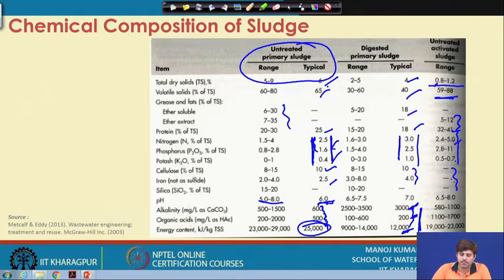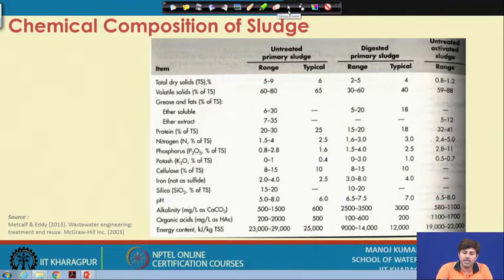There is not much cellulose, iron and those kind of things in there, and the pH is around 6.5 to 8, and alkalinity around 580 to 1100 is the range. So, these are the kind of chemical compositions of the sludge from primary and secondary systems.